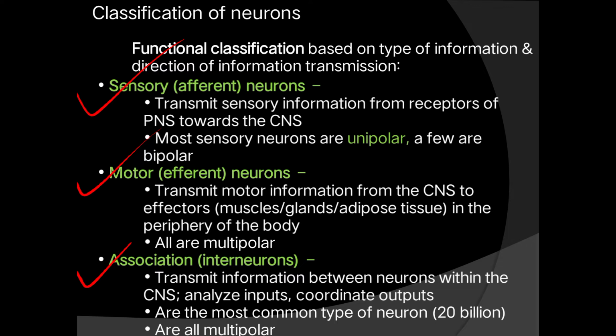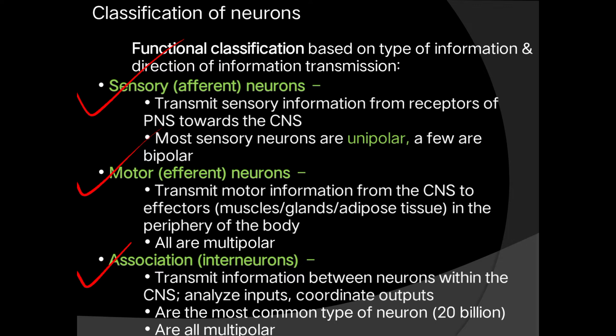So that part is called the peripheral nervous system, and that signal is going and analyzed in the brain. So this is called transmission of sensory information from receptors. These receptors are found on the skin, and they are called receptors of the peripheral nervous system, going towards the brain and spinal cord of the central nervous system.